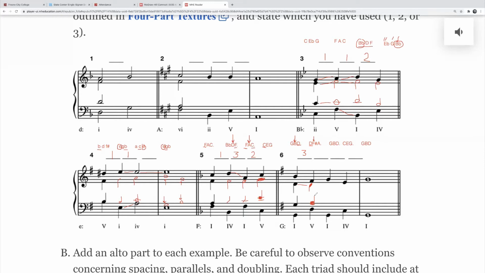But looking at the examples the book gave us, the stepwise motion is always in the opposite direction to the tertian leap. Are you seeing that?